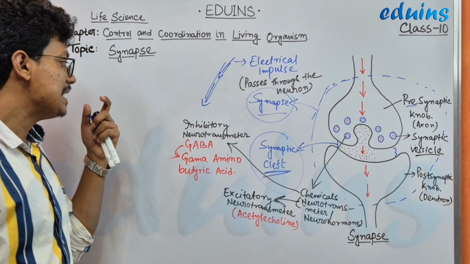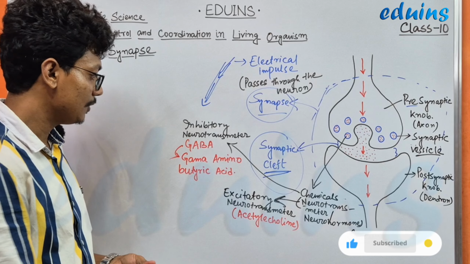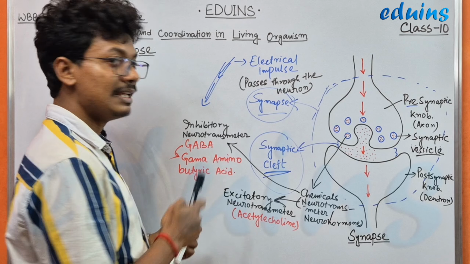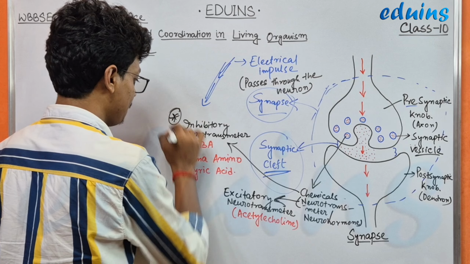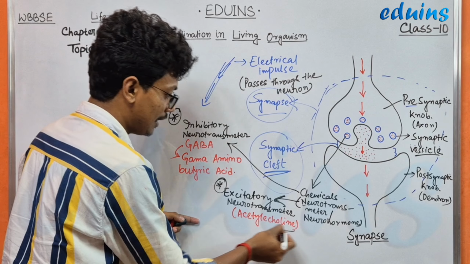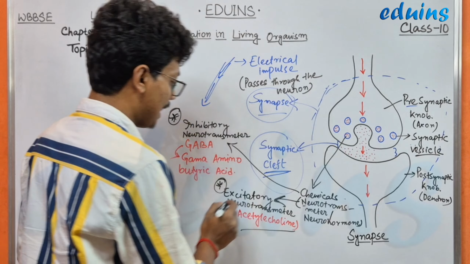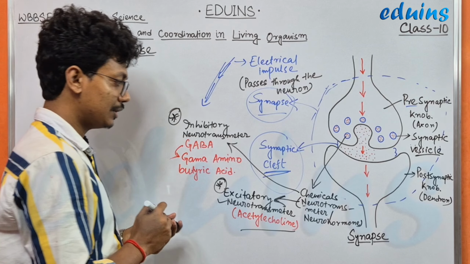This is the inhibitory neurotransmitter. Okay, so these are the examples of excitatory and inhibitory transmitters. This can be made into an MCQ or a very short type question: an example of an excitatory neurotransmitter or inhibitory neurotransmitter.